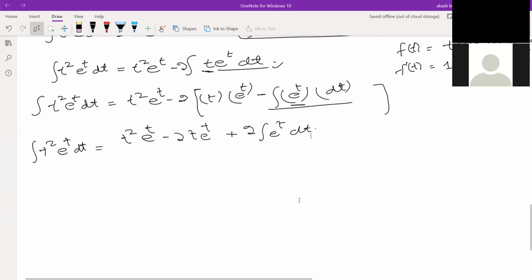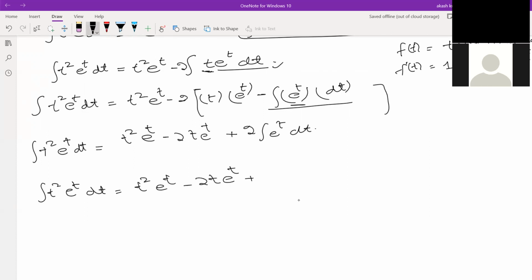Okay. And the integral of t square et dt is t square et minus 2t et plus the integral of et, which is only et, plus the constant of integration. That's the answer.